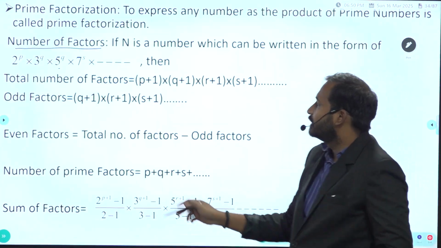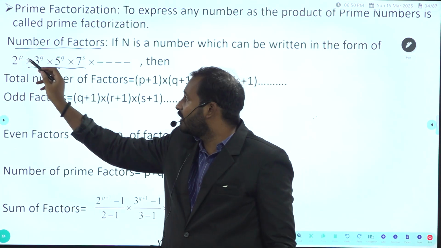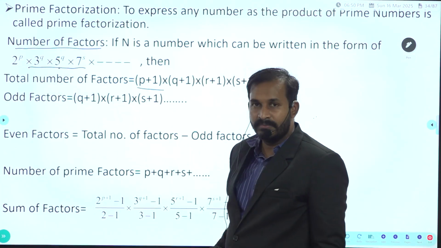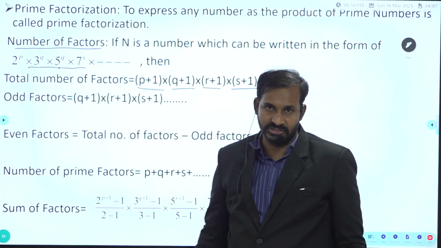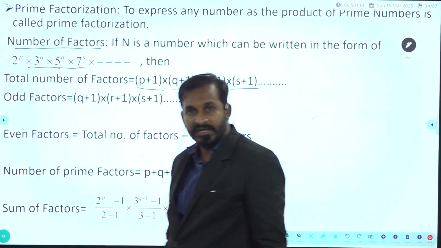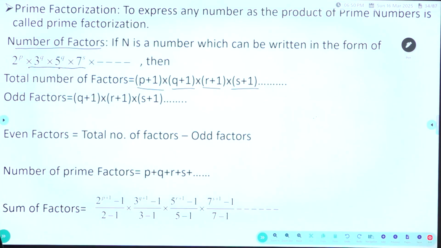Okay, now then total number of factors is equal to, I told you right, add 1 to the powers and multiply them. So P plus 1 into Q plus 1 into R plus 1 into S plus 1 and so on. Like this, we will find the number of factors for the given number.